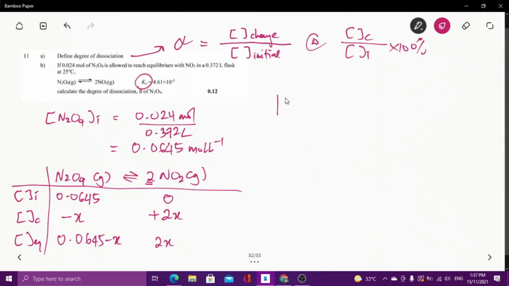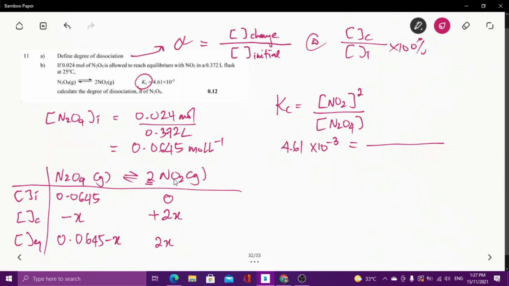Barulah kita masukkan ke dalam Kc. So our Kc here, kita akan dapatkan yang buat expression terlebih dahulu. So we got the concentration of NO2 at equilibrium to the power of 2 bahagi dengan concentration of reactant kita, N2O4. Okay, the value of Kc is already given, 4.61 times 10 to the power of negative 3 equals to the concentration kita kira daripada ice table tadi.